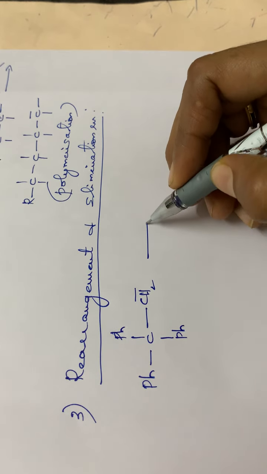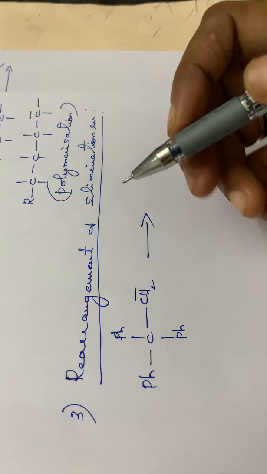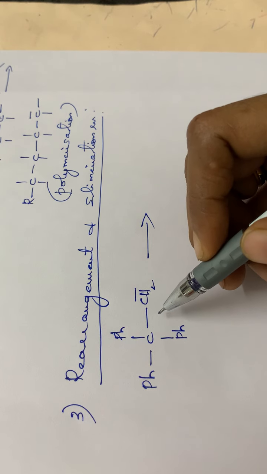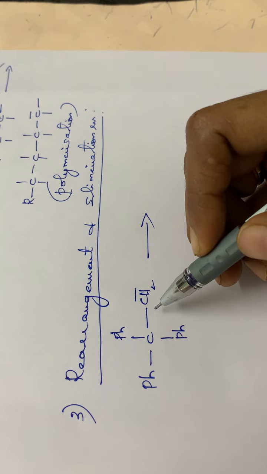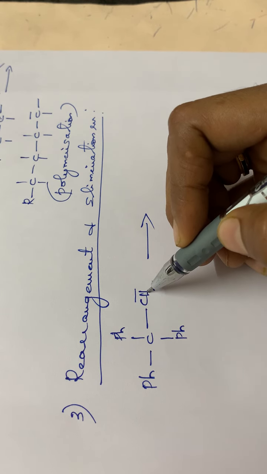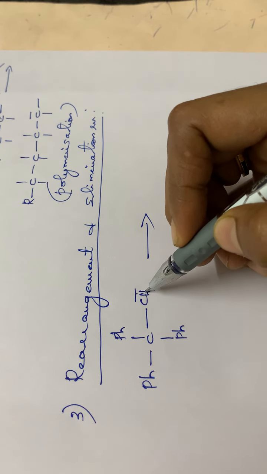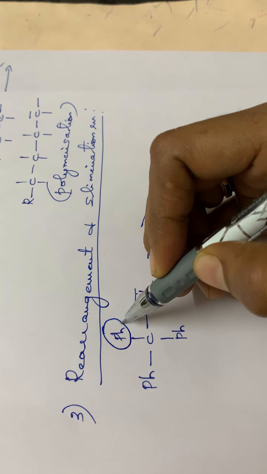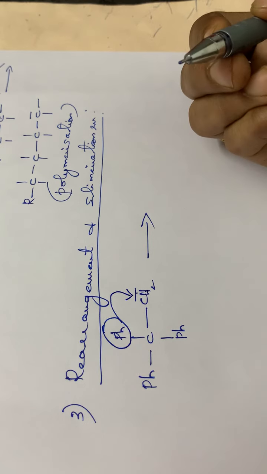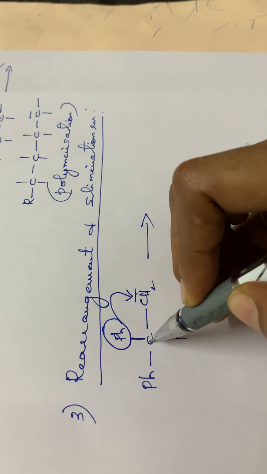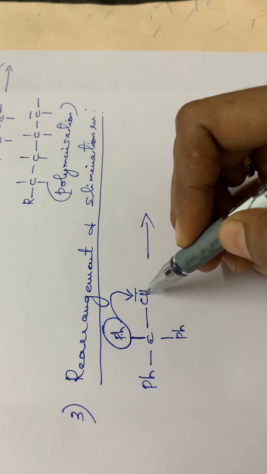So here some rearrangement takes place. This is a carbanion, and in this carbanion some rearrangement takes place in the first step. This Ph will be moving as Ph plus to this carbon atom, to this C minus, so the electron pair will be retained by this carbon atom itself.